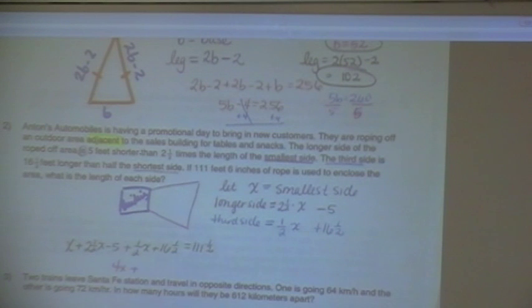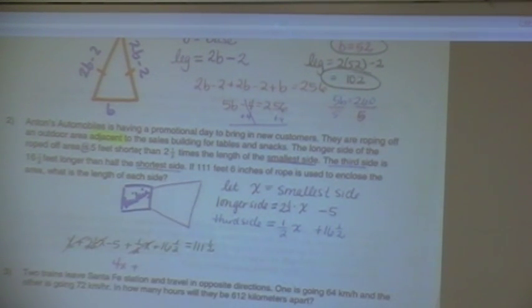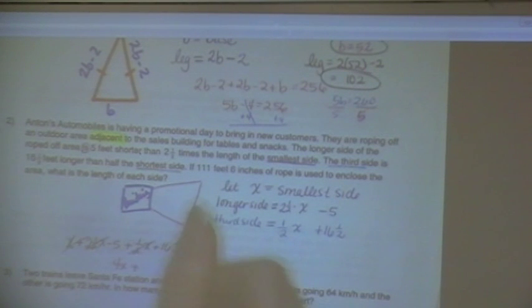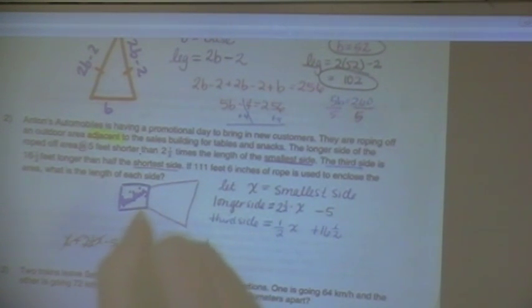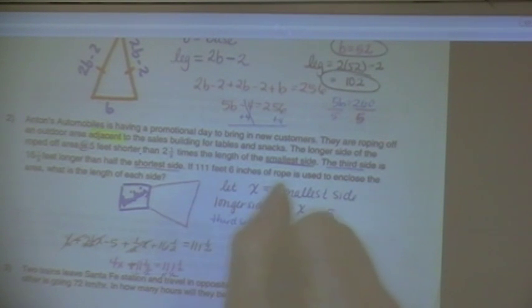Oh, you're right. Oh, I'm sorry. Thank you. I used that already. Okay, so negative 5 plus 16.5, that would be plus 11.5. All right, now I'm going to subtract 11.5 from both sides. And I get 4x equals 100.